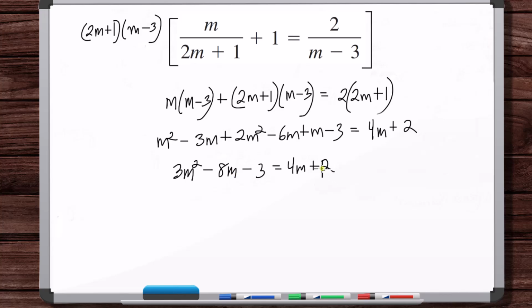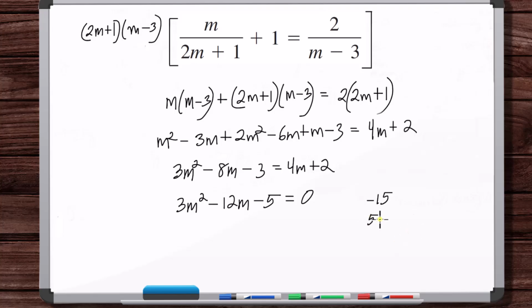Now let's subtract 4m from both sides. Minus 8m minus 4m is minus 12m. And let's subtract 2 from both sides. Minus 3 minus 2 is minus 5. Let's try to factor this. 3 times minus 5 is minus 15.